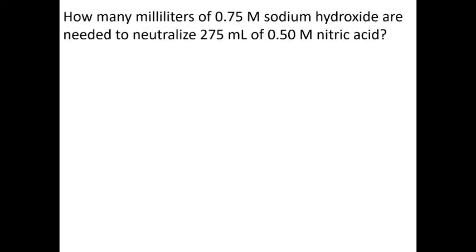Okay, so this one says how many milliliters of 0.75 molar sodium hydroxide are needed to neutralize 275 milliliters of 0.50 molar nitric acid. All right, so step 1 is I need to come up with a balanced chemical reaction equation. I see that word neutralize.